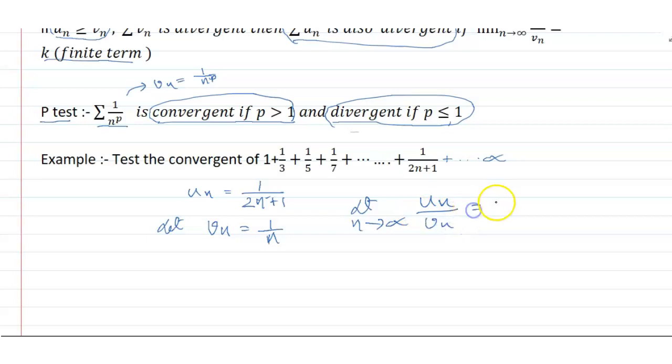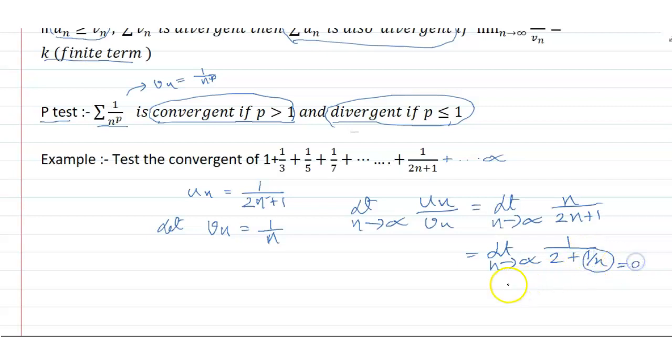Un by vn is the limit as n tends to infinity of n divided by 2n plus 1, which equals 1 divided by 2 plus 1 by n, and this portion is 0.